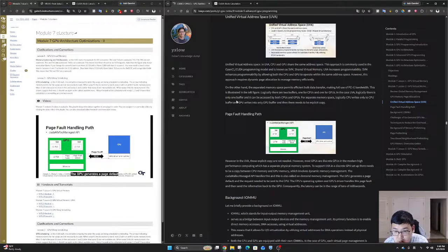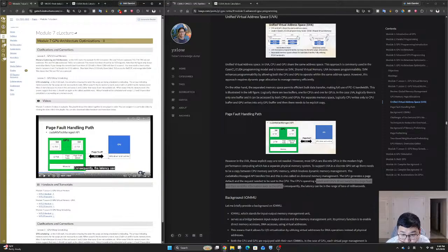The GPU generates a page fault, and that request needs to be sent to the CPU. The CPU's operating system and the GPU's driver handle this page fault and then send the information back to the GPU.